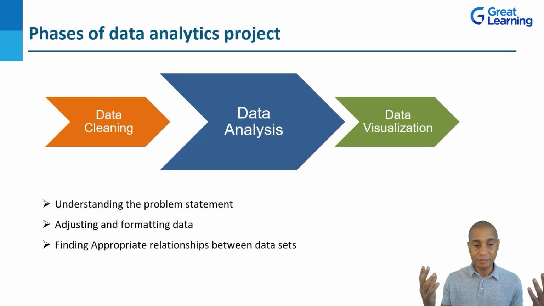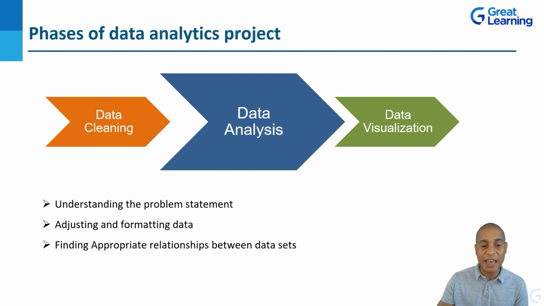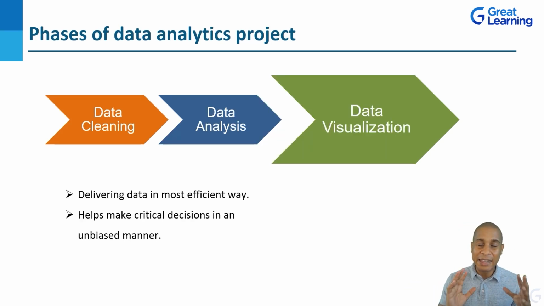So in data analysis, the first thing we want to be able to do is clearly understand that problem statement. We want to adjust and format the data to help us answer that problem statement. And then we want to find the appropriate relationships within the data or between the data sets. And lastly, we want to be able to communicate our results.